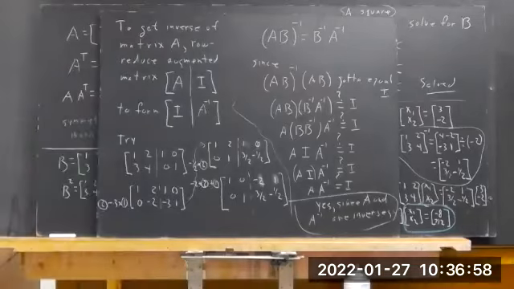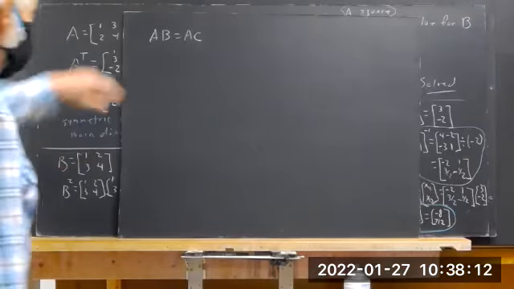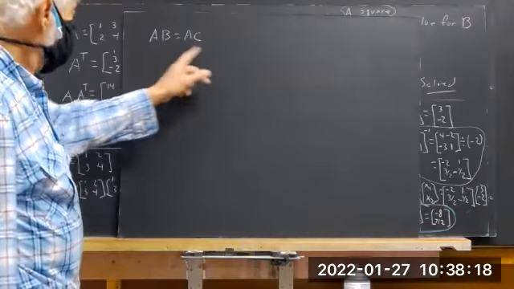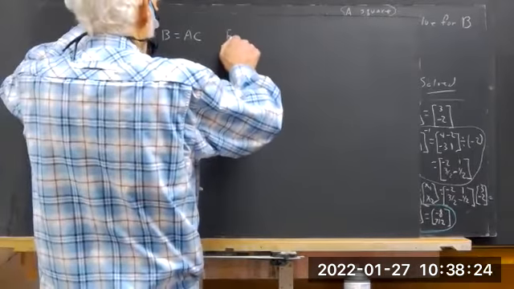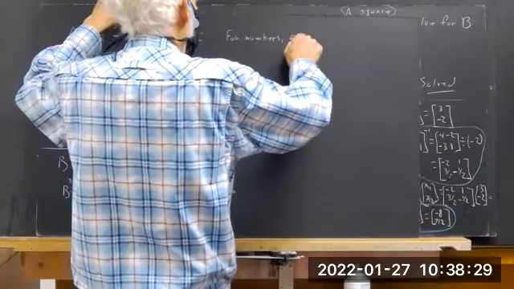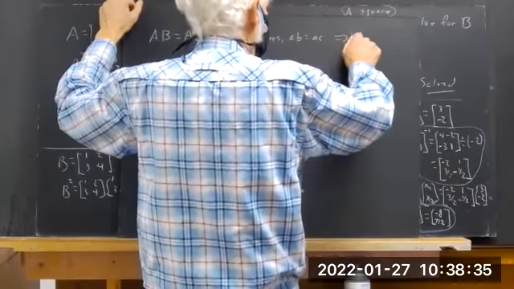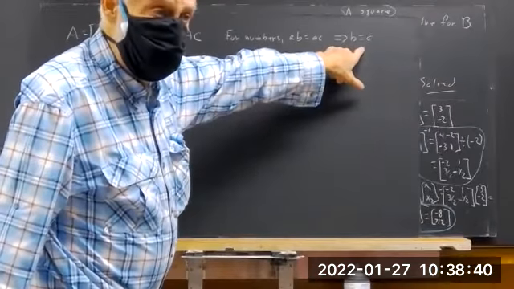Okay. Now there's a couple other things I can talk about since I've already talked about all this. So let me make a decision here. There we go. Okay. So if we have a matrix equation, AB equals AC. Now, if these were numbers, you could conclude that B equals C, right? So if AB equals AC, then B has to equal C. Okay?